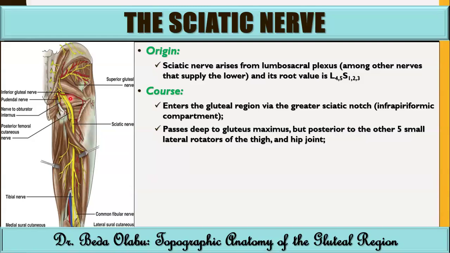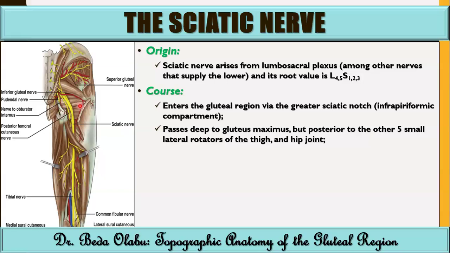So superior gemellus, obturator internus, inferior gemellus, the quadratus femoris, and deep to that, the obturator externus. Those muscles lie anterior. Further anterior to that is actually the hip joint. So the hip joint is also anterior to the nerve.